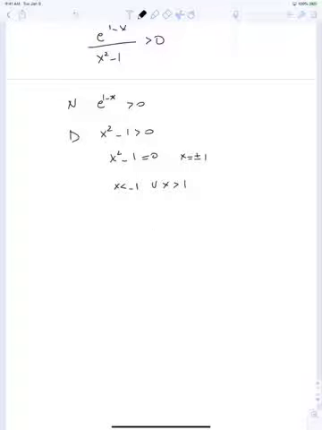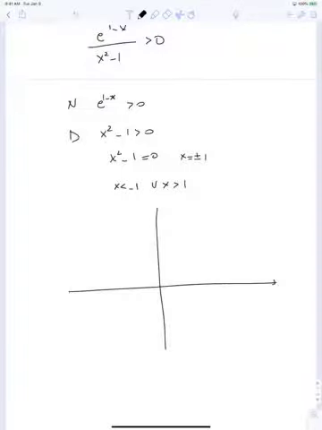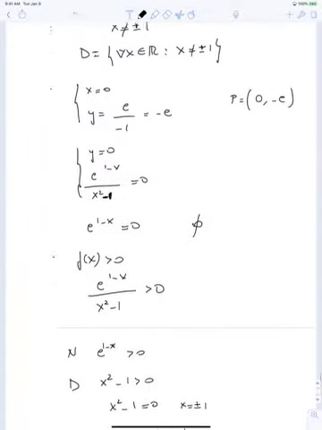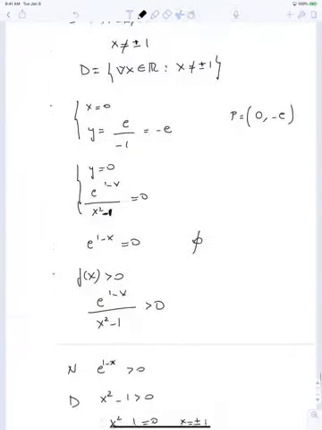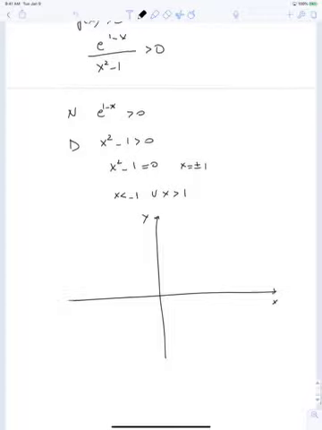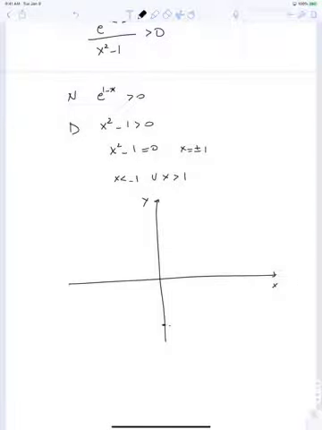Okay, so we can plot something in the Cartesian plane. Now, we know that the intersection is (0, minus e), so it's going to be somewhere here. Minus e would be minus 2.71. We know that the function is not defined in minus 1, and it's not defined in plus 1.